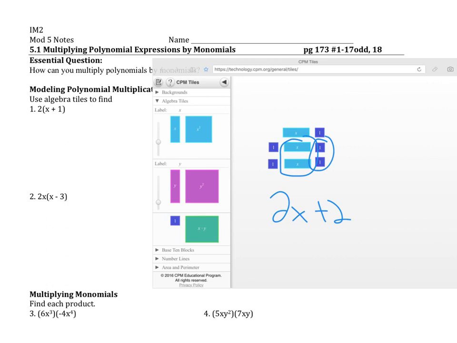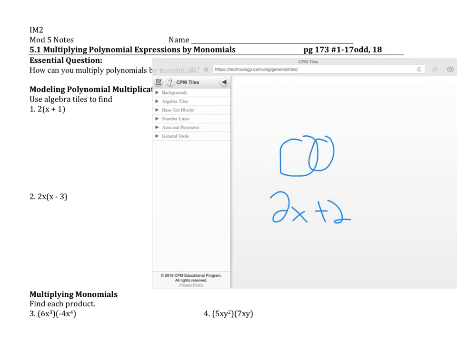Now let's look at a similar idea, but with 2x times x minus 3.